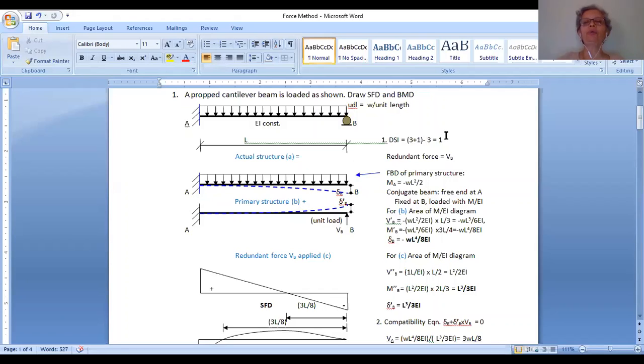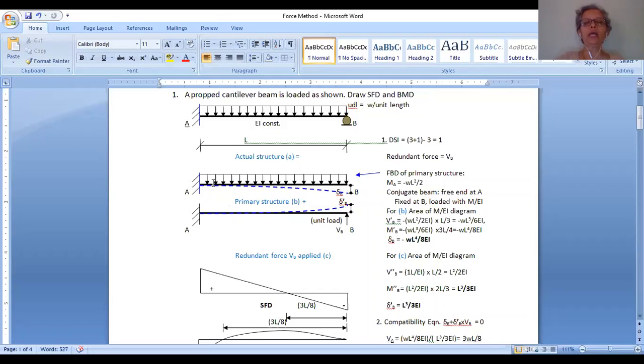Now we have to identify which of these 4 reactions we want to consider as redundant force. In this problem I have considered the reaction at B, which is the vertical reaction, as the redundant. The next step is to remove the redundant. If I remove the redundant, I get a fixed ended beam loaded with uniformly distributed load w per unit length.